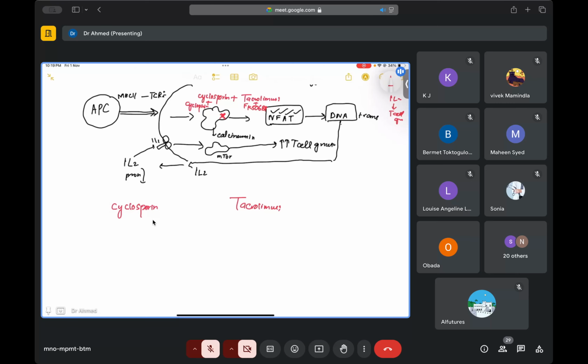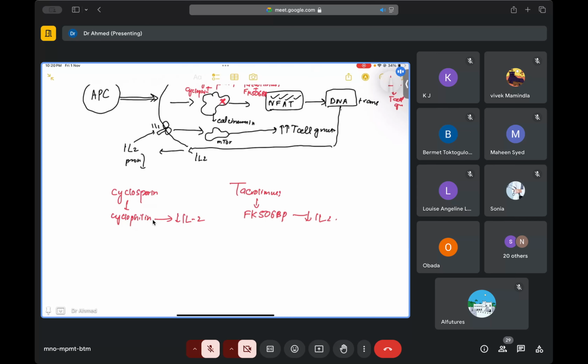Cyclosporin is going to bind with cyclophilin, and as a result of that, it's going to decrease your IL-2. Tacrolimus is going to bind with your FK506BP, then it's going to suppress your IL-2.